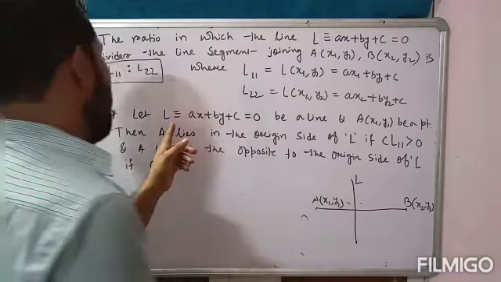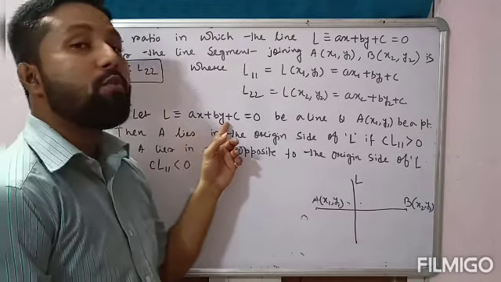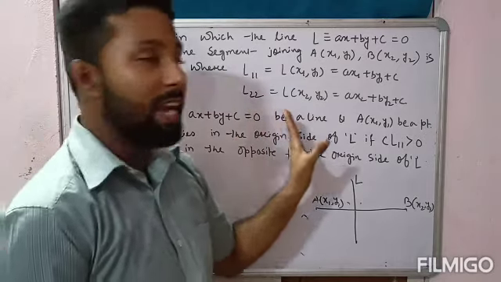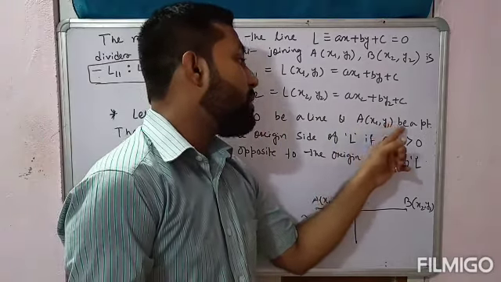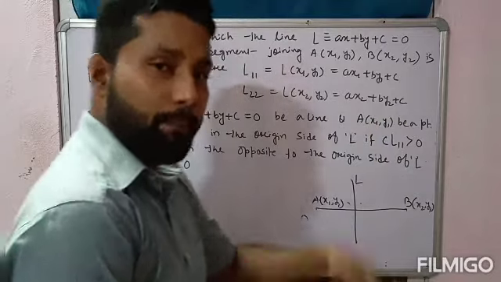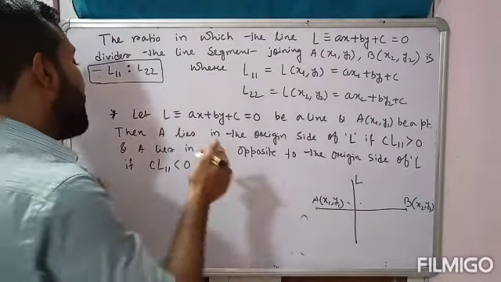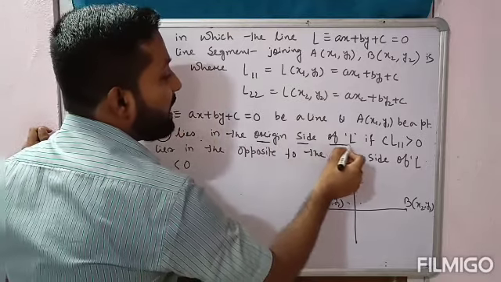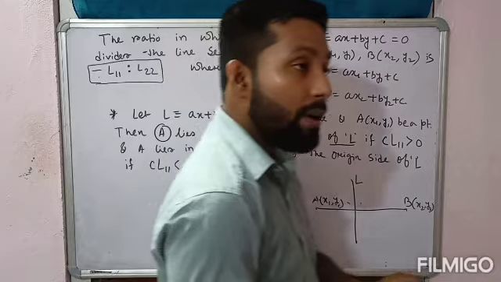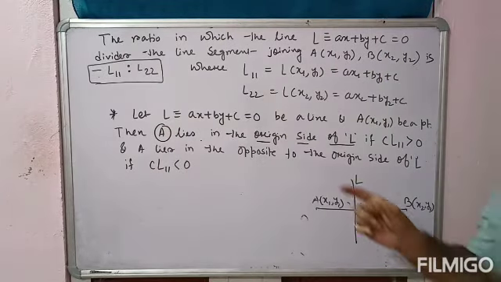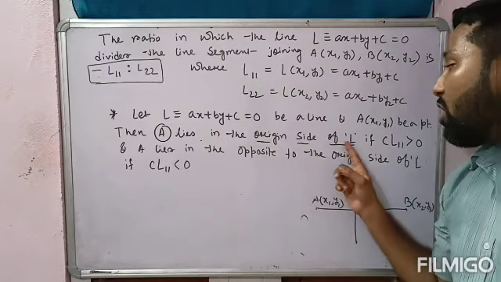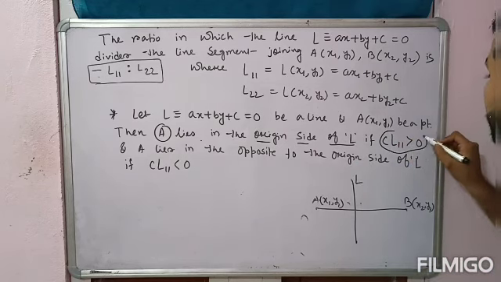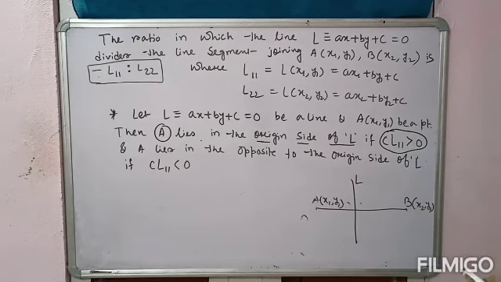Look at the point. The line ax plus by plus c equal to 0 be a line, and A of (x1, y1) be another point, any point say. Then the point A lies in the origin side of the line L if C into L11 must be greater than 0.